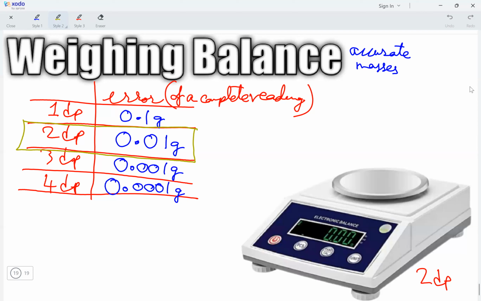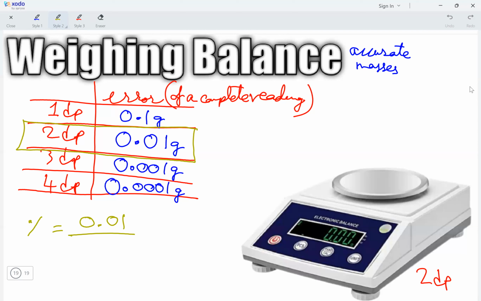So in order to calculate the percentage error using a 2 dp weighing balance, we would take the error that is there, which is 0.01, and we divide it by the mass taken. Let's suppose that the mass that we are using measures 25 grams.